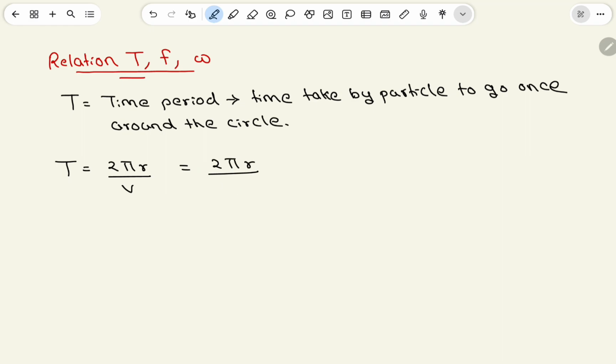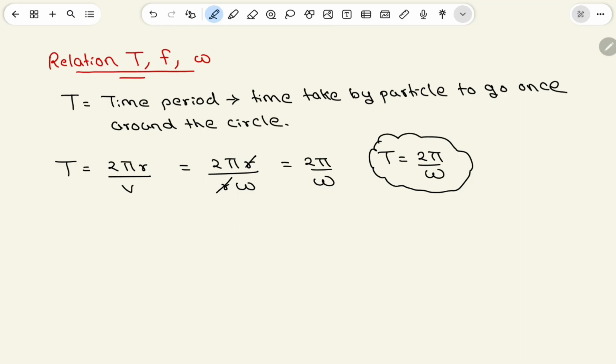But we just saw that V is nothing but r omega. r and r get cancelled. So we get this relation, that is T is equal to 2 pi by omega. So this is the relation between time period and angular velocity omega.